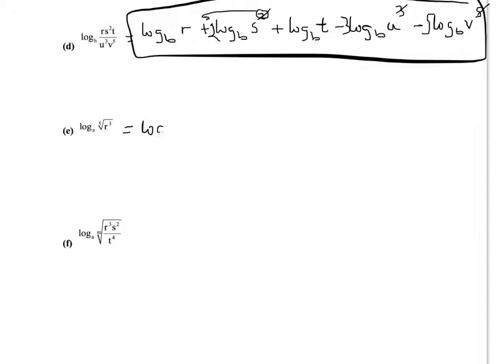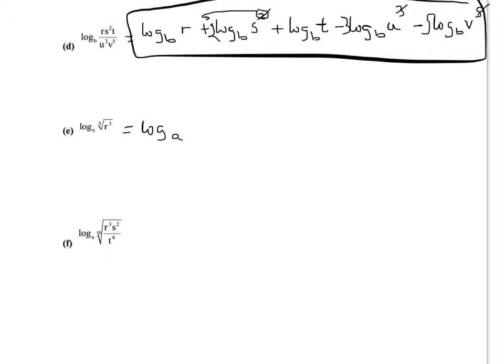One more example, and this one again has a radical. So what we want to do is rewrite it as a fractional exponent. Now it's r to the third, and then we're taking the fifth root of it. Remember the fraction exponent means the denominator is the root, and any other exponents would be in the numerator.